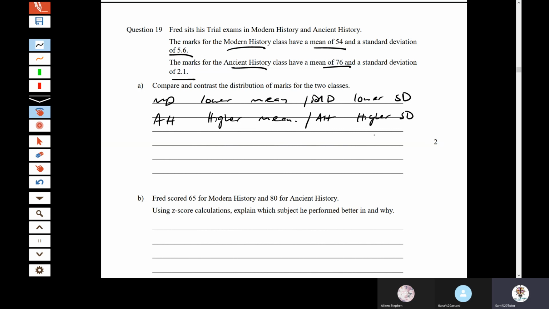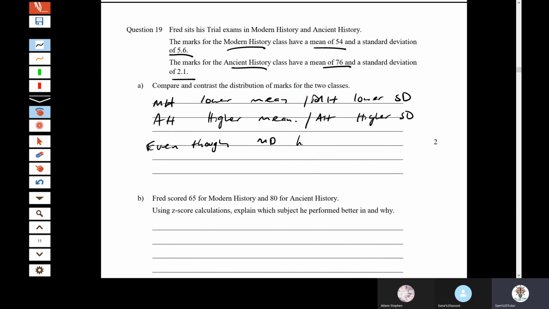But so what? You've probably stated the obvious. So now you've got to say, even though modern history, what am I trying to get to?